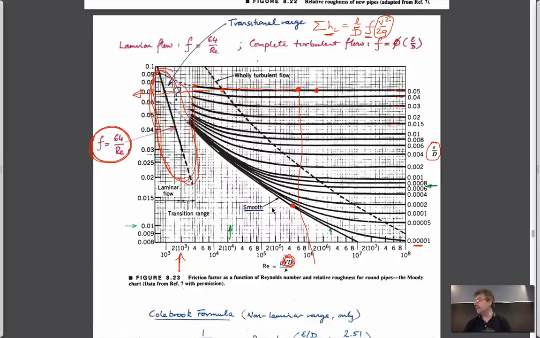We can't always get a straightforward solution. If we know what the flow rate is, immediately we know the Reynolds number, we uniquely know the friction factor, and we can solve in one step. But if, for instance, we want to calculate what the flow rate would be for a given pressure applied on a pipe, we might have to iterate to get a solution. And so it's not so straightforward.